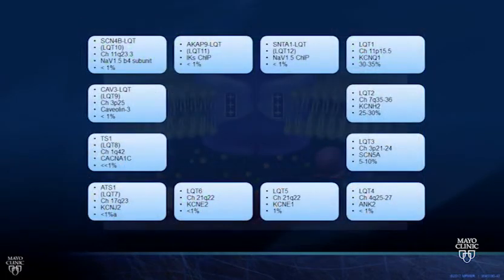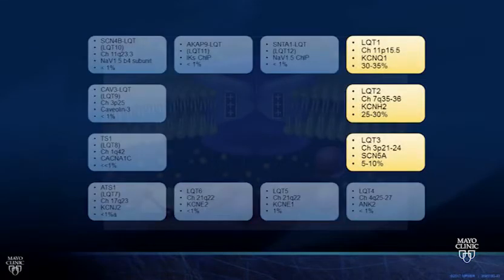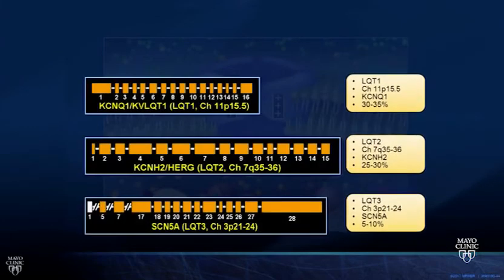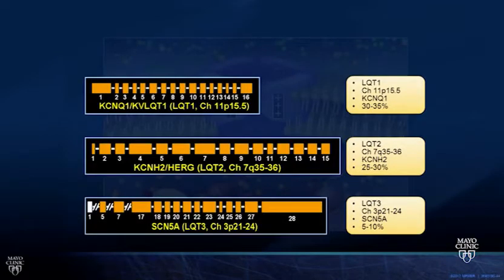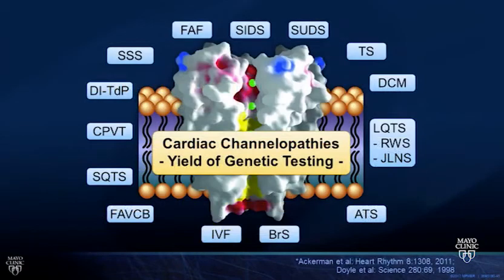There are a lot of long QT genes, not quite 23 like Brugada, but there are now 17. You don't have to know 17. You need to know for the boards 3 of them. The big 3 long QT genetic subtypes make up the questions that would be genetically relevant to long QT syndrome.